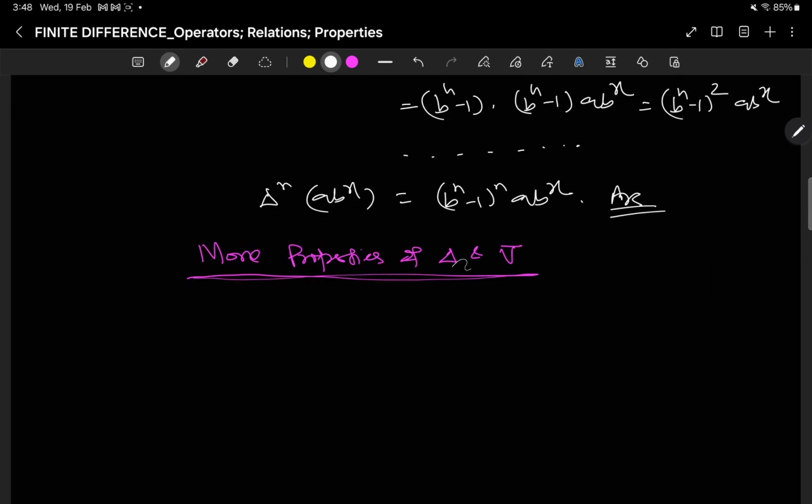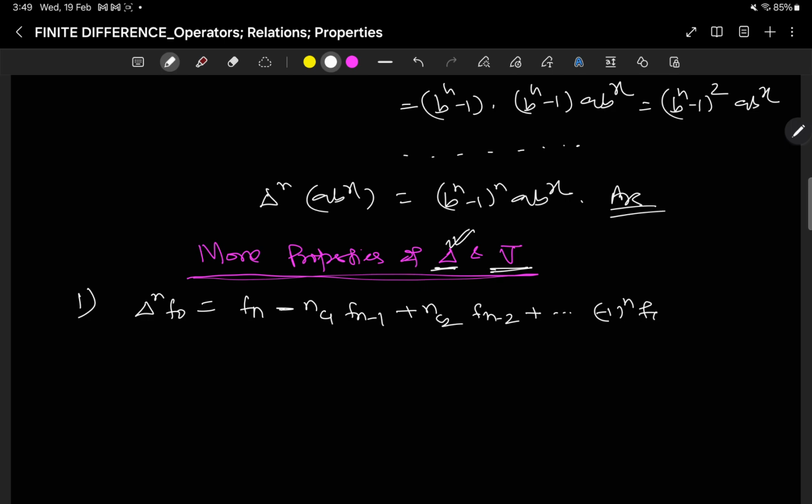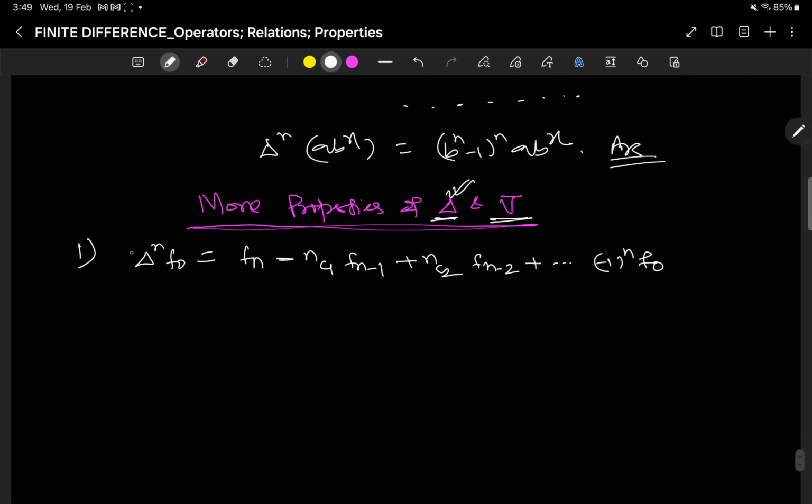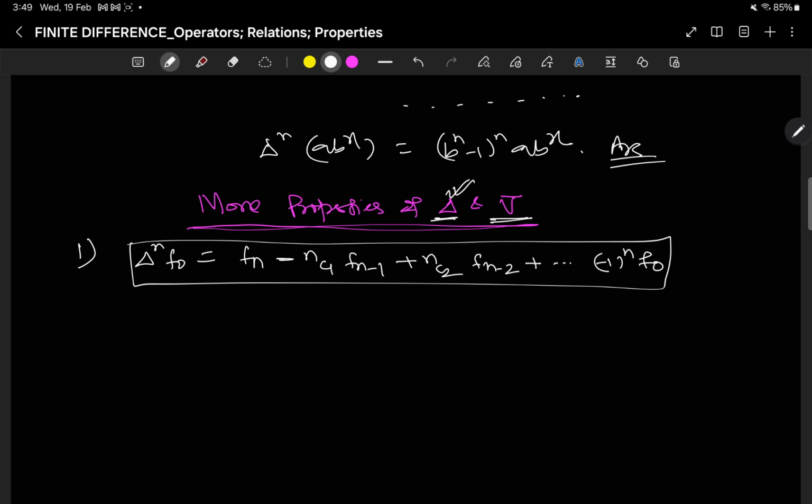Now more properties of del. I will write the properties of the forward operator, and similarly backward will be the same. Now you know your del n f0 will be f n minus nC1 f n minus 1 plus nC2 f n minus 2 and so on, plus minus 1 to the power n f0. If we want to prove it, you know what is your del f0?